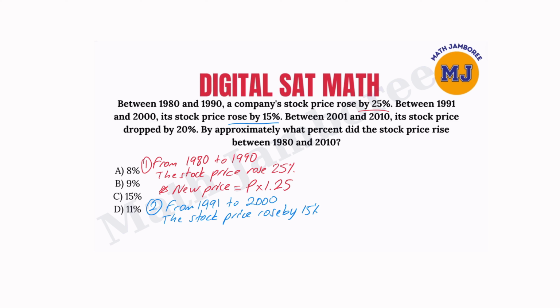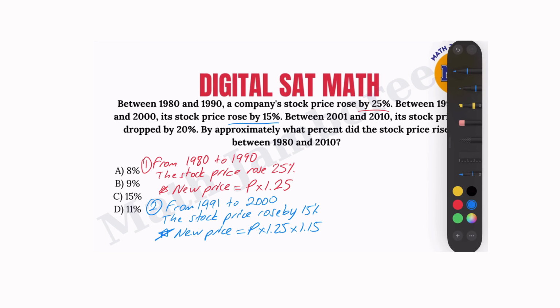Which means that to find the new price, we will multiply the previous price, P times 1.25, by 1.15 to find the next price.